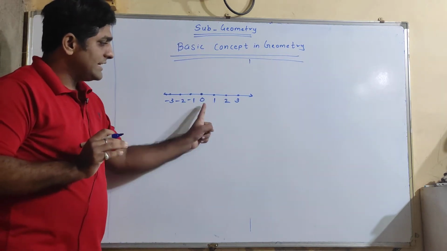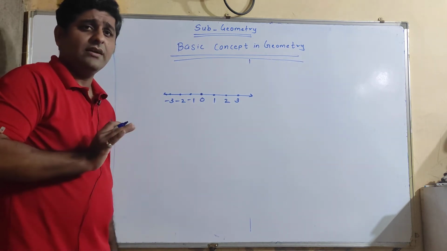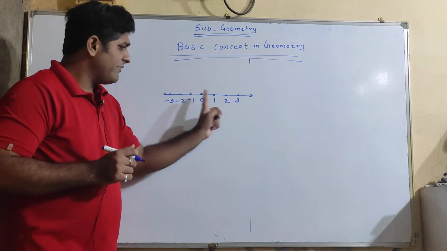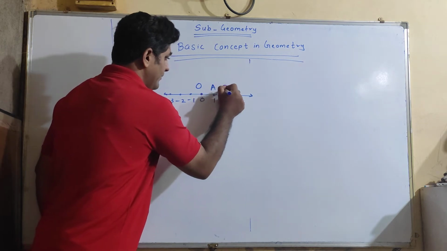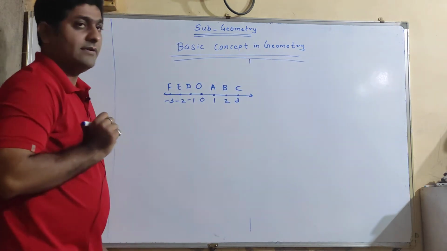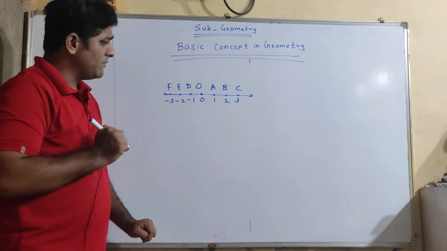Now as we can see, there are a set of positive numbers, negative numbers and 0. So it's a number line, and if I want to name the points on the number line, let's say 0 is O, then A, B, C, D, E, F. These are the set of points on the number line, and what do we observe?